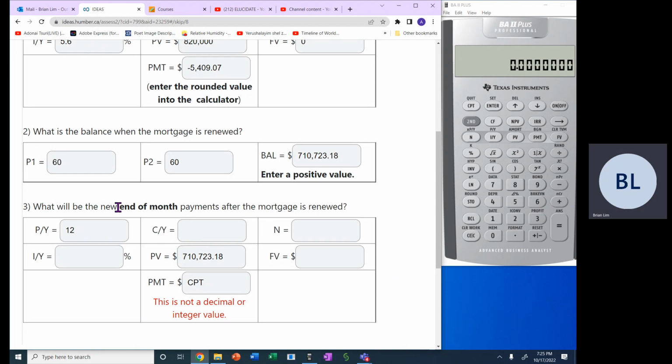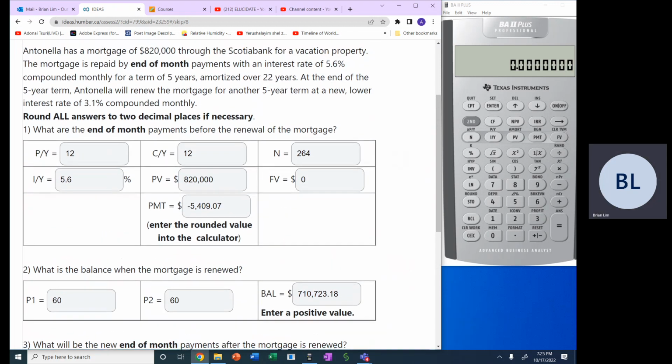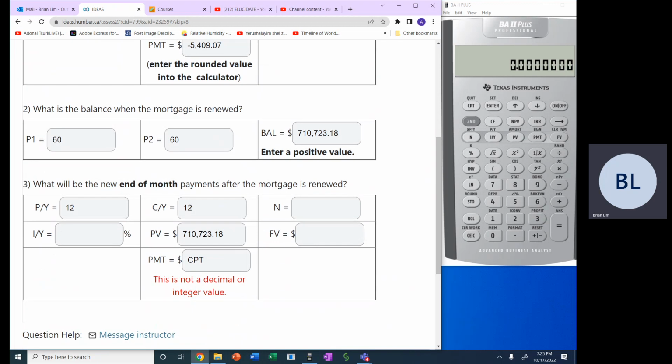End of month payments. We don't have to assume it is end of month payments, all right? And the compounding is monthly, so that will be 12. But the rate is now going to be 3.1. Previously, it was 5.6. All right, there we are up there. Okay, so now it is 3.1, and we will insert that number in there, 3.1.